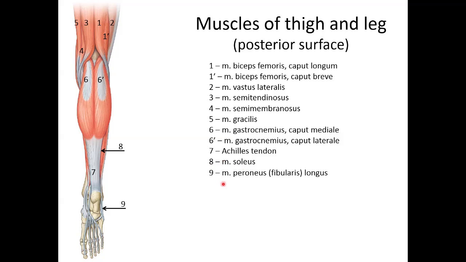So, peroneus longus is the muscle whose tendon crosses the plantar part of the foot and attaches to the first metatarsal bone.